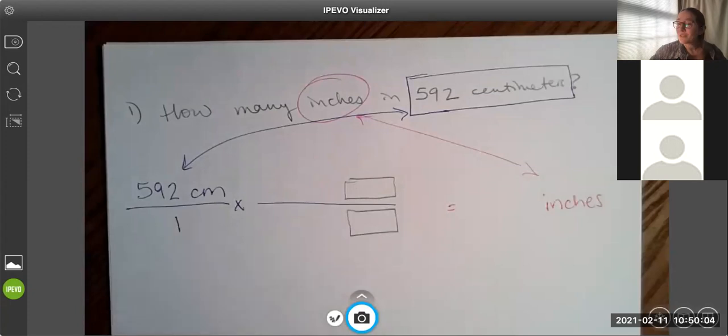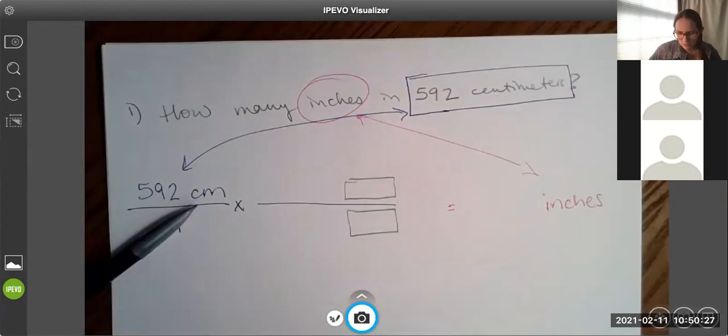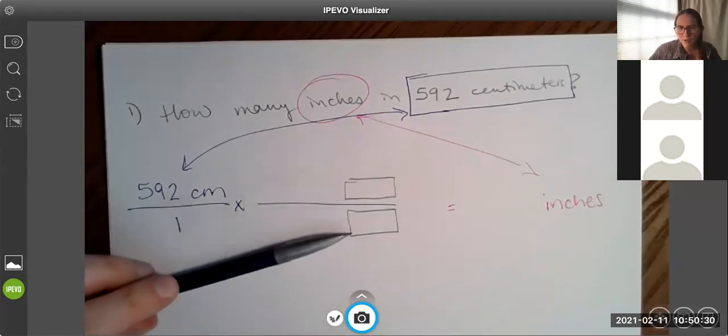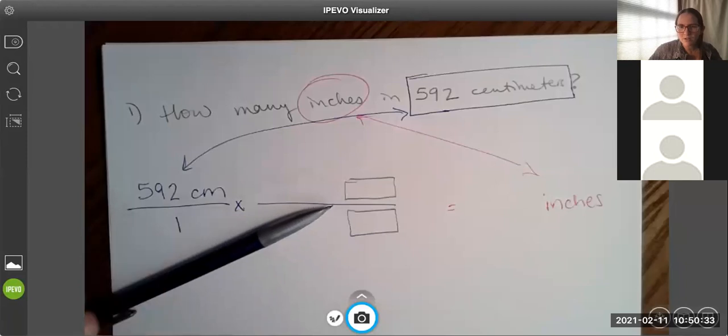592. That's the number. Yes, that is the starting number. And that's how we knew where to start, because we had a number, whatever our number is, that's where we start. And we brought the unit with the number. And that starting unit, do we want to put it on the top or on the bottom of our conversion? Top. Talk it through. What are you thinking?